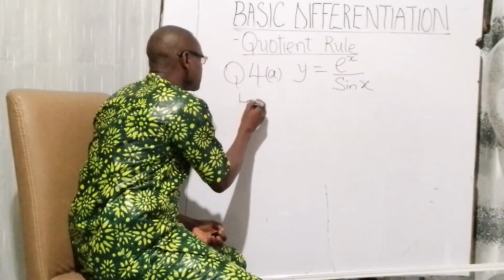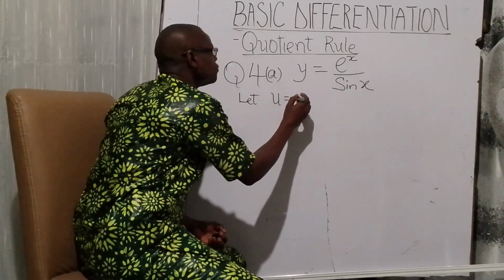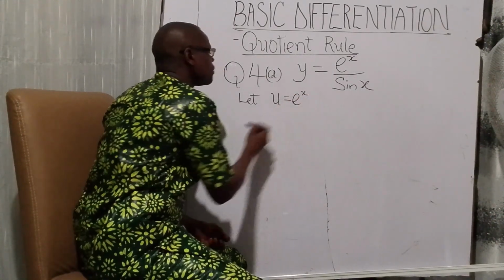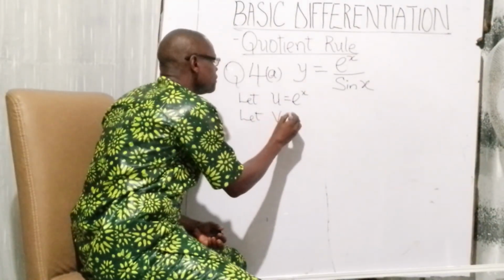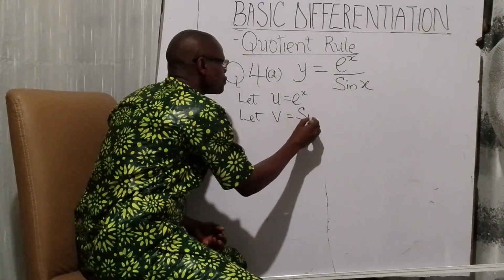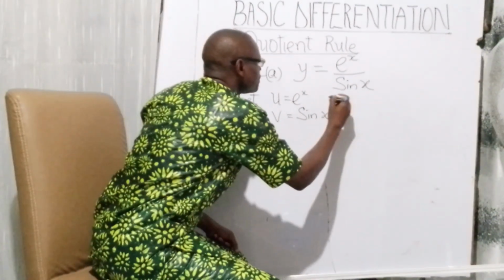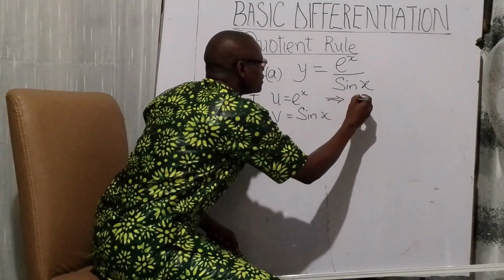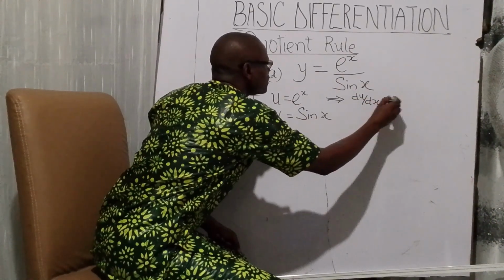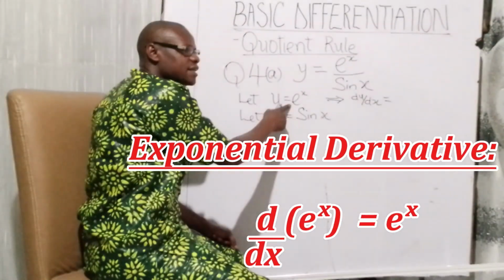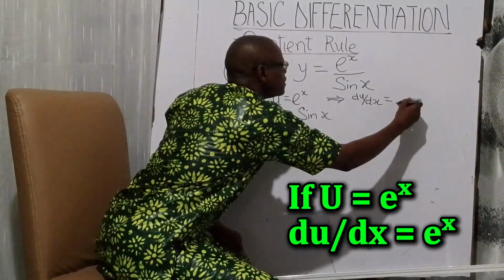Now, let u be equal to e raised to power x, and let v be equal to sine x. We use this to determine du/dx. When you differentiate an exponential function like this, it gives you exactly the same thing.